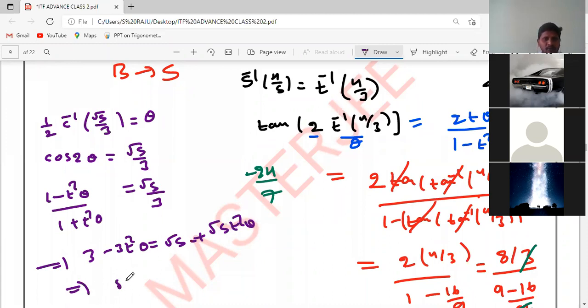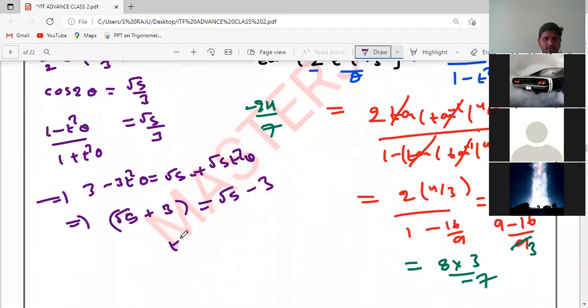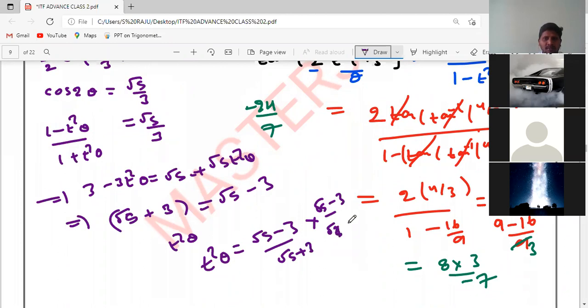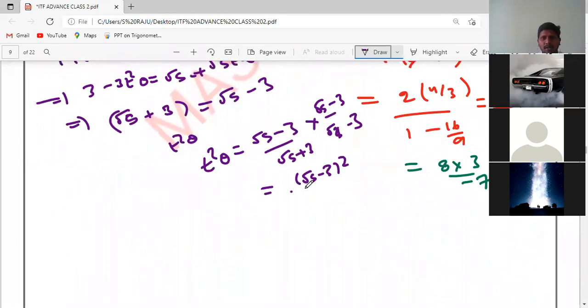So root 5 plus 3 tan square theta is equal to root 5 minus 3. So tan square theta is equal to root 5 minus 3 by root 5 plus 3. It's better to rationalize here. Multiply by root 5 minus 3 by root 5 minus 3. So numerator is root 5 minus 3 the whole square, by denominator a square minus b square.